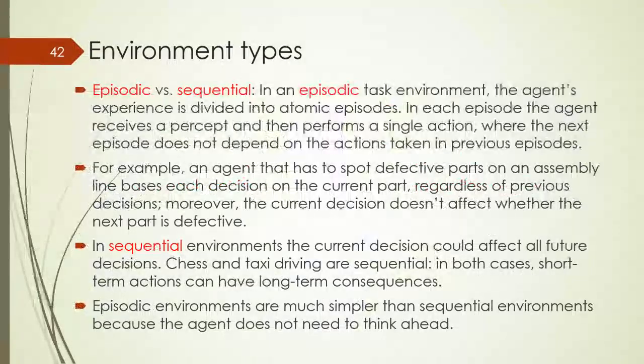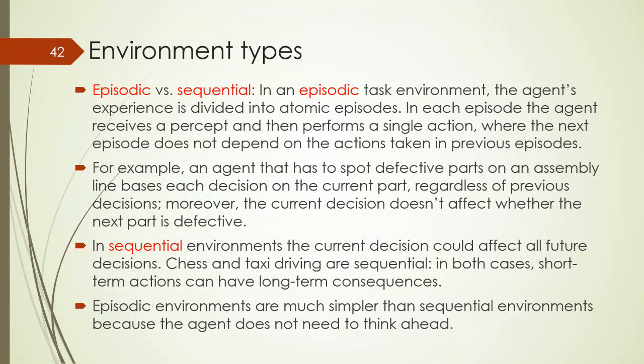Episodic versus sequential. In an episodic environment, the agent's experience is divided into atomic episodes. In each episode, the agent receives a percept and then performs a single action, and the next episode doesn't depend on the actions taken in previous episodes.